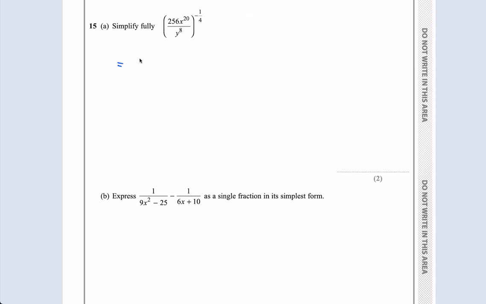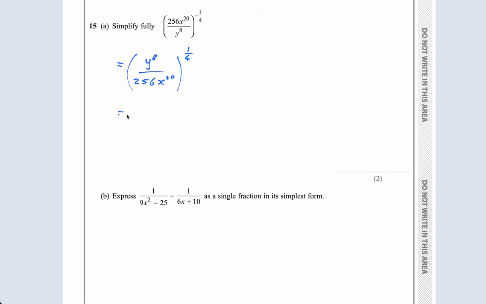Now if you have a negative power, what we do is we flip it upside down, so it's y to the 8 over 256x to the 20. So I flip this, or get the reciprocal is the technical word, and instead of negative a quarter, it's now to the power of a quarter.